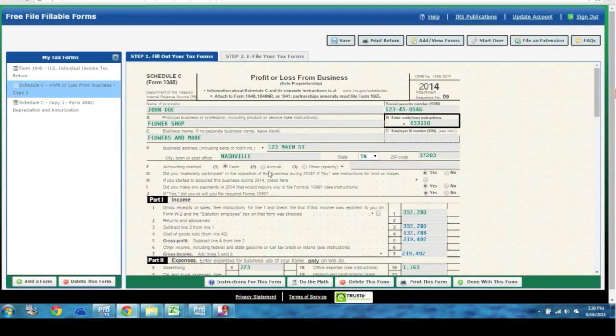Most small businesses are cash, and that's usually better for small businesses because with accrual you're recording income that you haven't yet received the money for, but you're owed it. So if you have receivables out there, if your clients owe you money because you've already performed the work for them, that money would be included in income. It would be included right here if you're filing on the accrual basis.